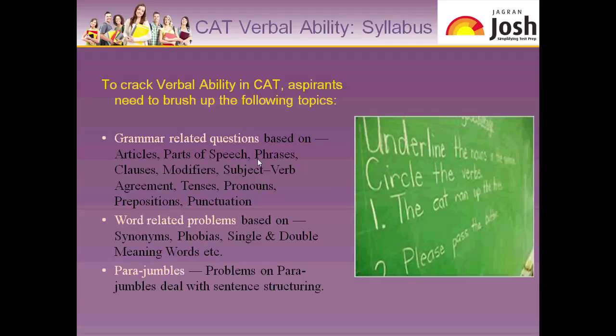There are word-related problems based on antonyms, synonyms, manias and phobias, single and double meaning words, and many other similar topics, which involve knowledge of vocabulary. There are questions on para-jumbles, which require sentence structuring.